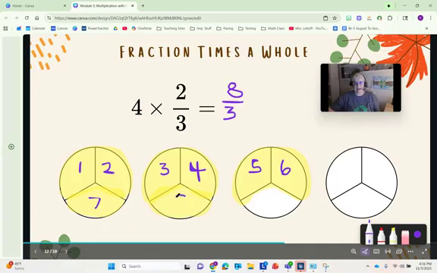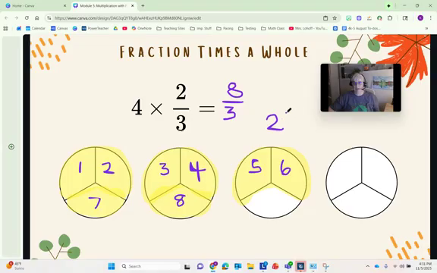That shows me that I have 1 whole circle, 2 whole circles, and here are 2/3 of the circle. So 2 and 2/3 is the final answer. And we did that by drawing out the problem.